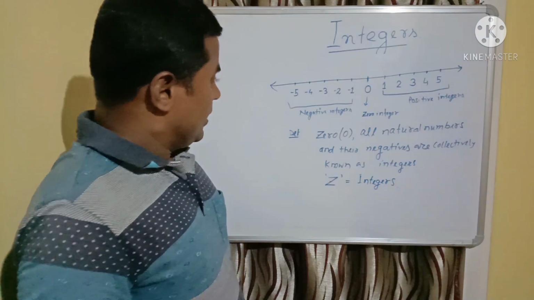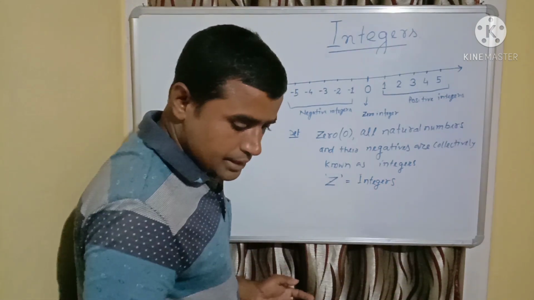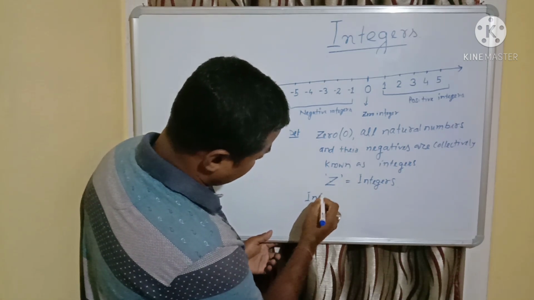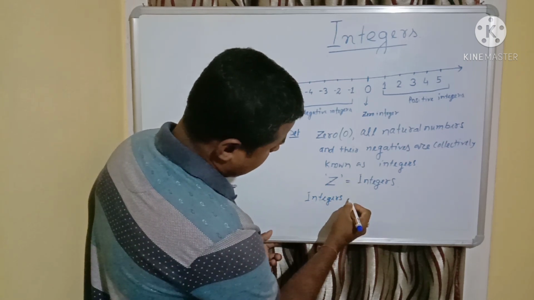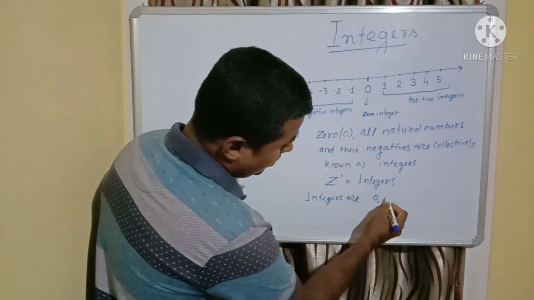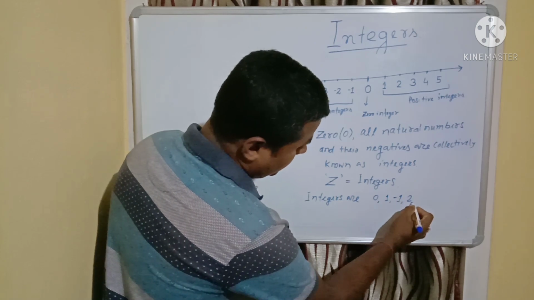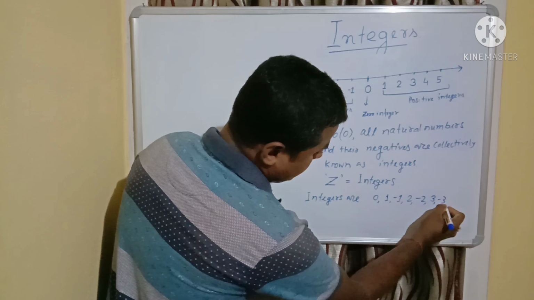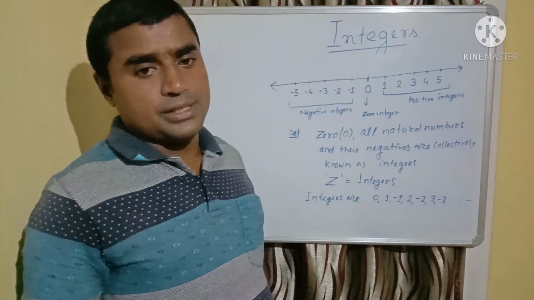So we can write integers as 0, 1, -1, 2, -2, 3, -3, etc. So these are the integers.